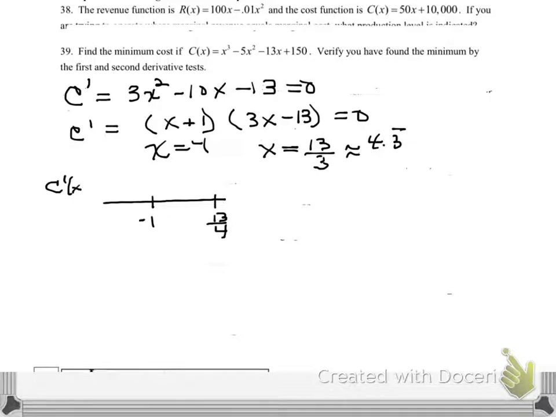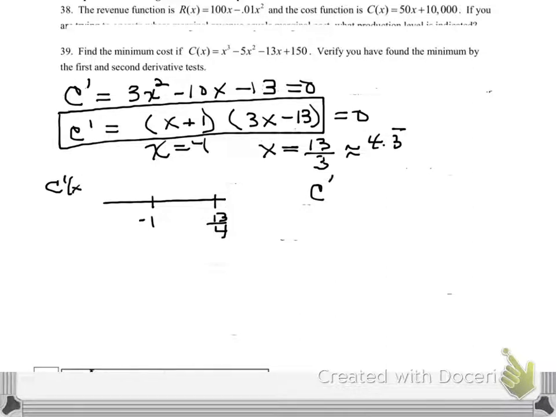So I'm going to test a value to the left of -1, because I want to see what that looks like in terms of the slope value. So take your first derivative, which is right here, and I'm going to pick a value to the left of -1. How about -2? Okay, so evaluate, figure out what is going to be the value of the slope if my x value is -2.